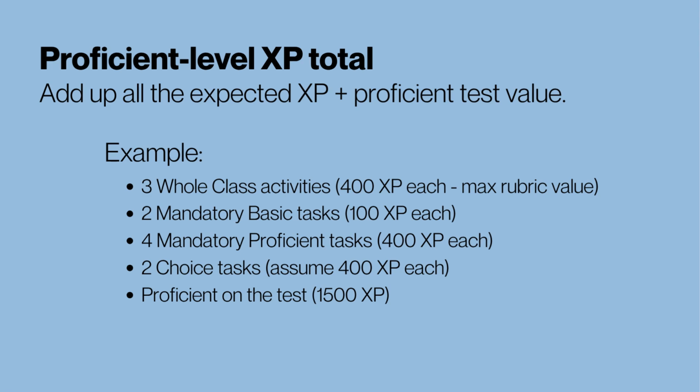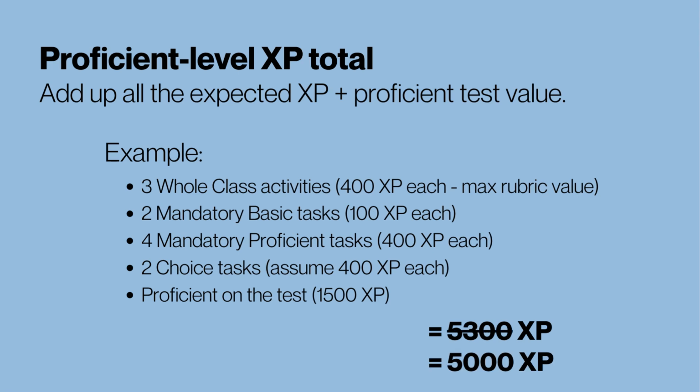This is using my scale, the one that I showed you before. So using this scale, that total would be 5,300 XP. That means if they do everything you want them to do, correct it for full points, and are proficient on the test, they'd get a total of 5,300 XP.